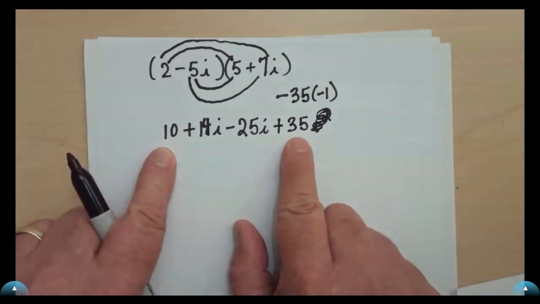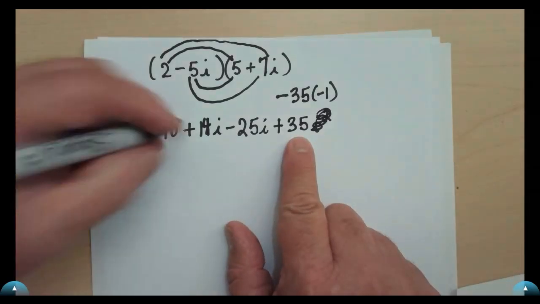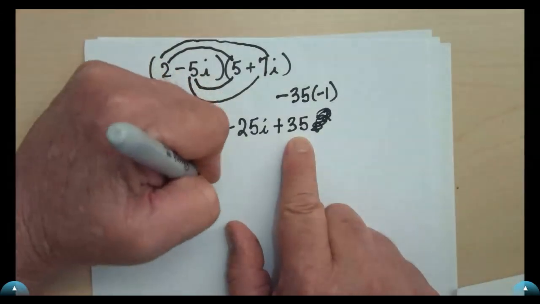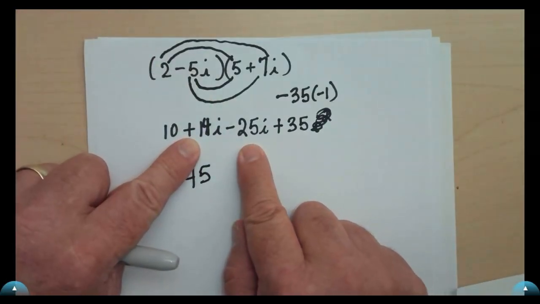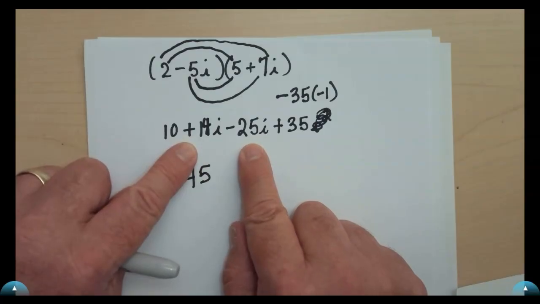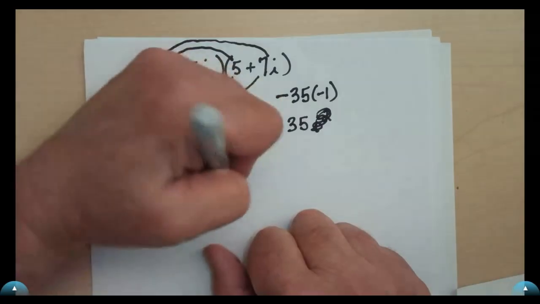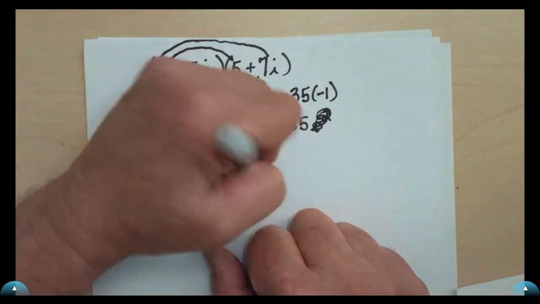When I combine the real parts, 10 plus 35 is 45. And the imaginary parts, 14i minus 25i: 14 minus 25 is negative 11, so that's negative 11i.